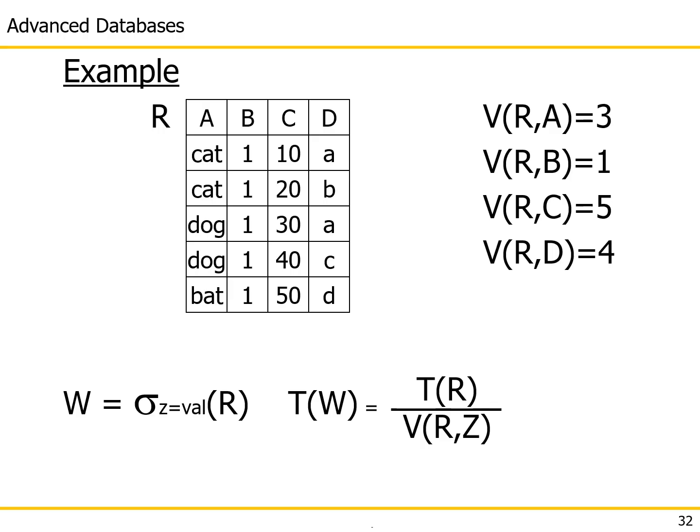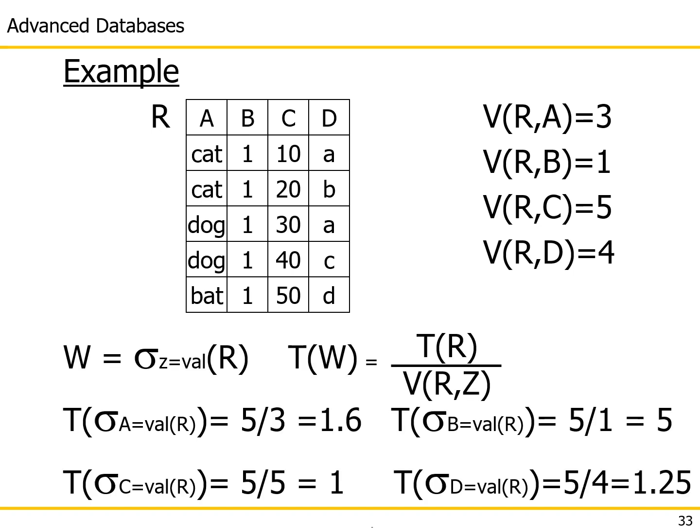But if I just answer 1 over 3, the problem is this does not relate to the size of the table. This table could have 5 rows, like here, or it could have 1,000,000 rows. So 1 of 3 choices, cat, dog, or bat, is not good enough. I'm going to weight it by the total number of rows, and this is applicable to all columns.